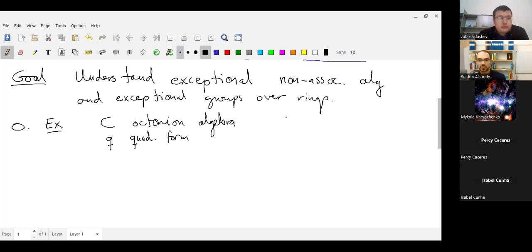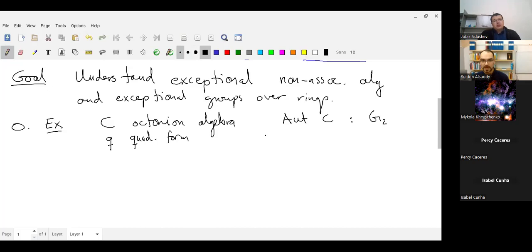And so how do the groups come in? Well, the automorphism group of C is a group of type G2, so that's an exceptional algebraic group. I'm being vague now about whether we're working over fields or rings. This applies over rings, but you can think of it over fields thus far.